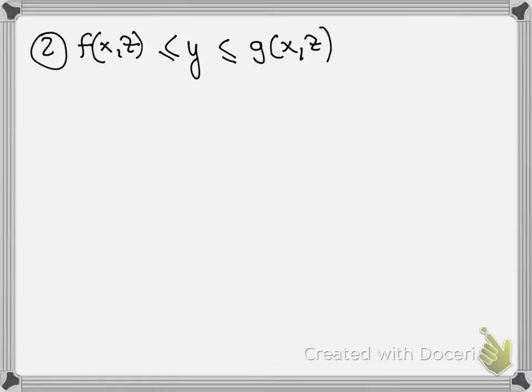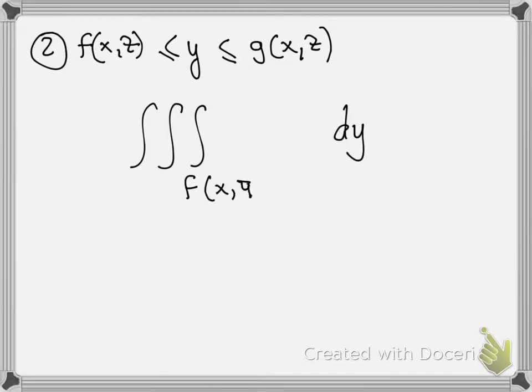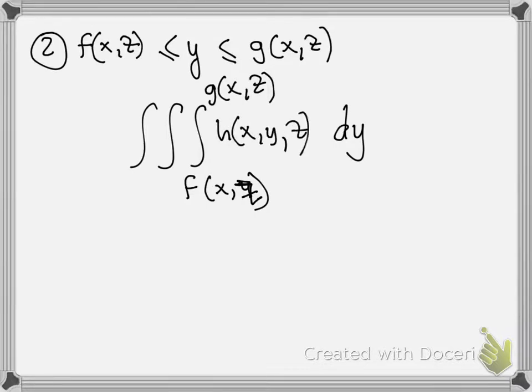The second scenario is if you have y between two functions of x and z, f of x z and g of x z. Then of course you start with the integral with respect to y. Right here you have some function of x, y, z, and then it depends.